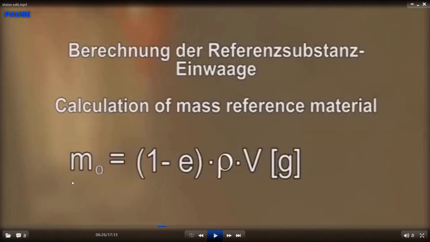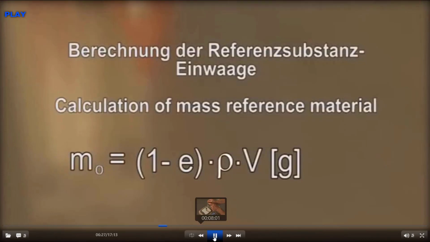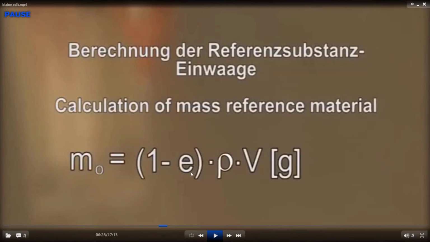This is a formula to get the mass, how much mass you require in order to calculate your surface area. If you put a larger mass than required, then it will not calculate the desired surface area, because it contains a larger amount of mass than it should. In this formula, E is the porosity of the reference material. I have mentioned earlier that it's 0.5.